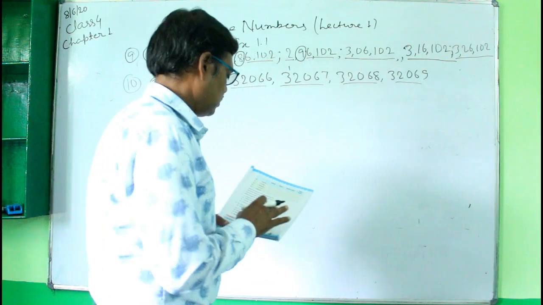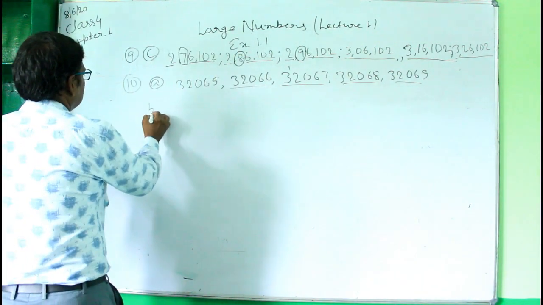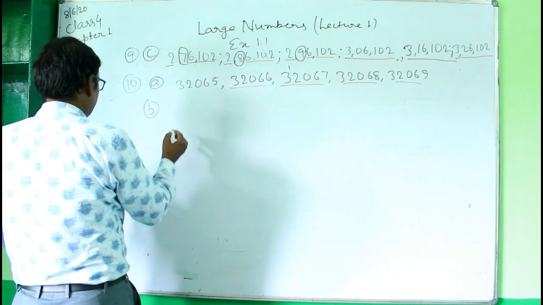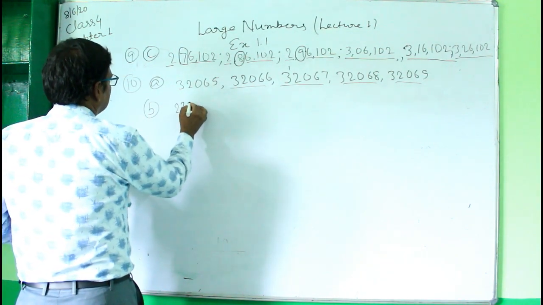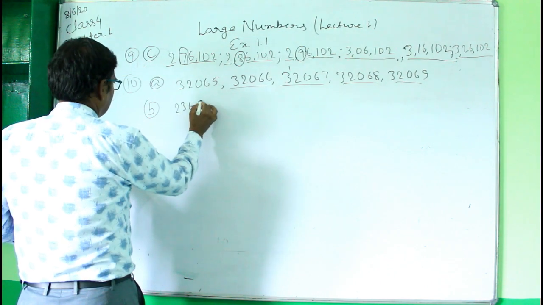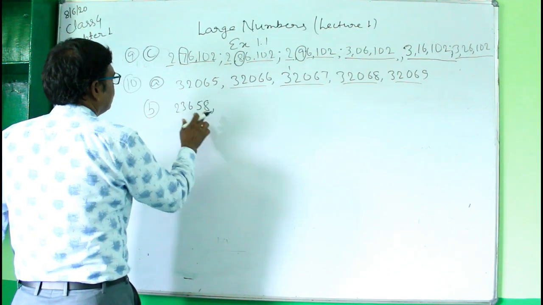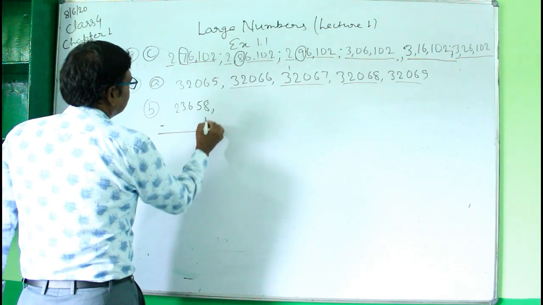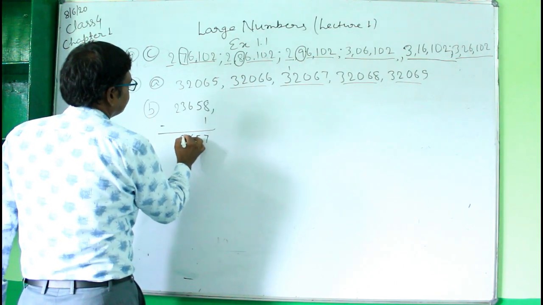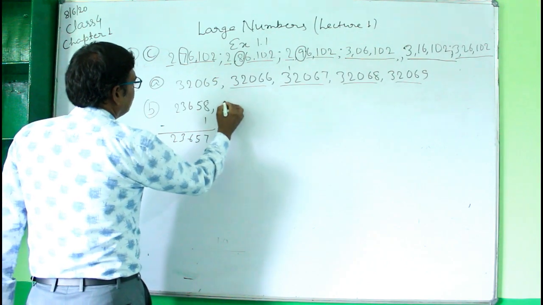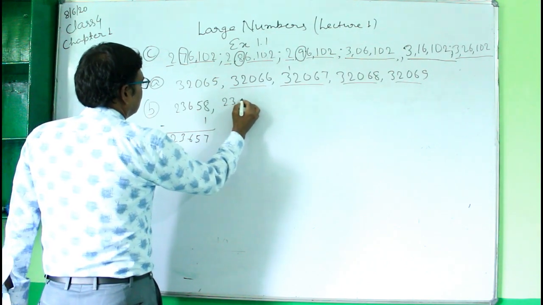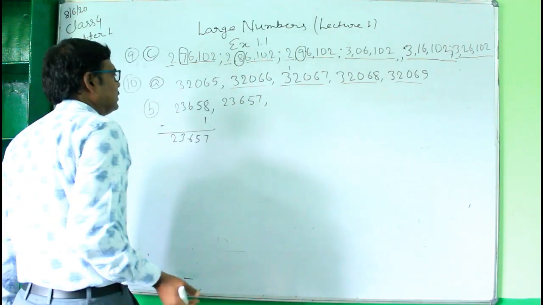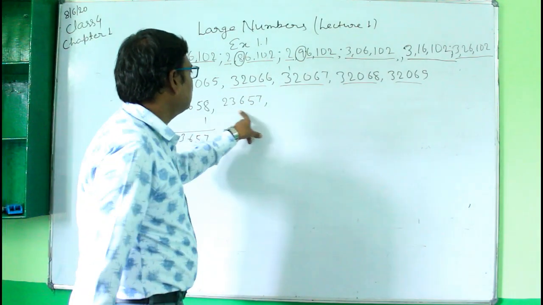In this, the first number is 23,658. Then if you subtract 1, the next number here will be 23,657. That is, you have to decrease. That is, we are getting the predecessor.